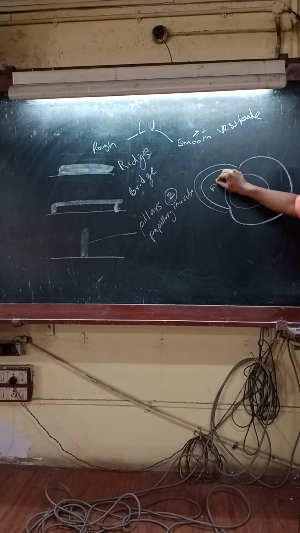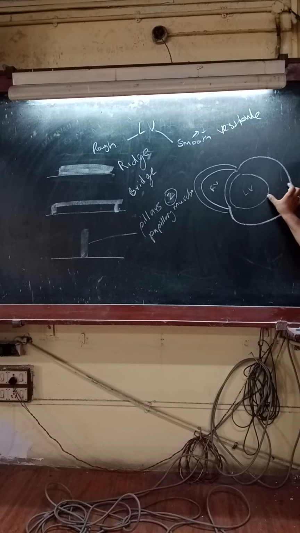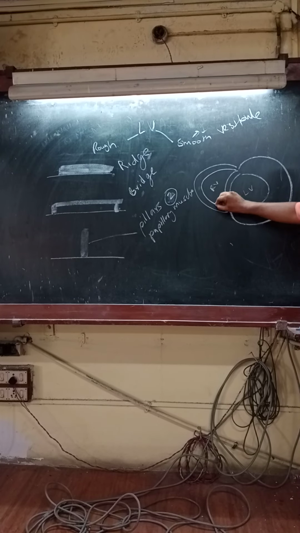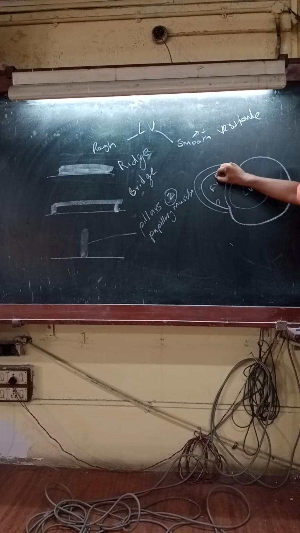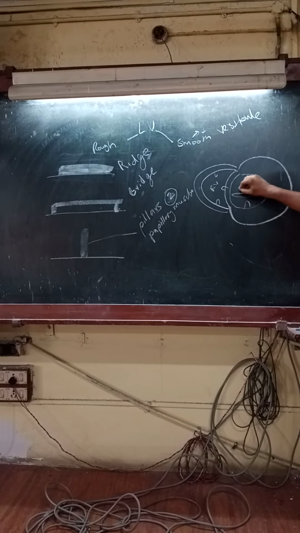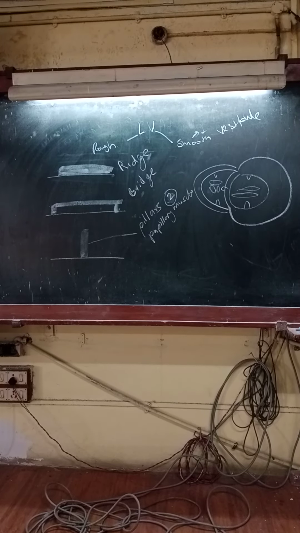This is the right ventricle, this is the left ventricle, literally thick, thick. Now suppose this is anterior, so here is the anterior papillary muscle, posterior papillary muscle, septal. Here there are the anterior and posterior papillary muscles, and only the bicuspid valve, while here there will be a tricuspid valve. So this is how a section looks.